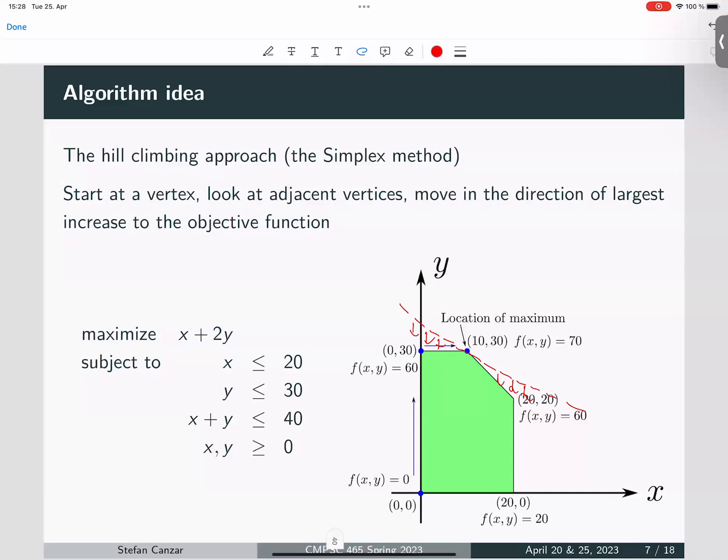And therefore, every local optimal solution is actually a global optimal solution to your problem. And this makes your life much easier because you don't have to worry about global optimization. You just try to find something that is locally optimal, and once you have found that, you know that you're done and there's nothing that can be better than this, based on this nice property of being convex and having linear objectives.